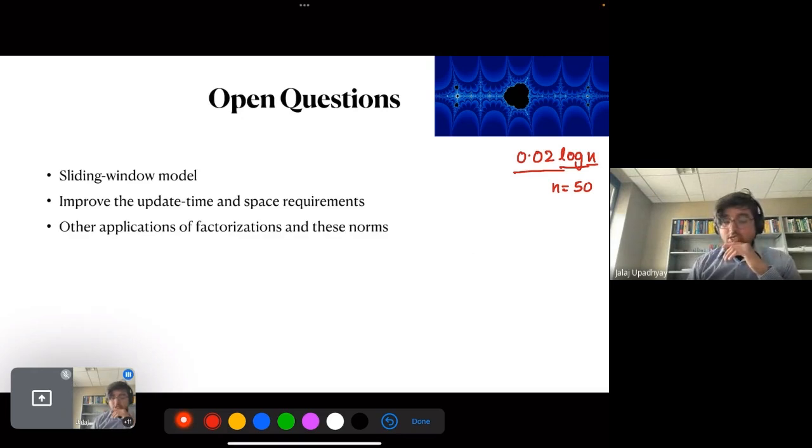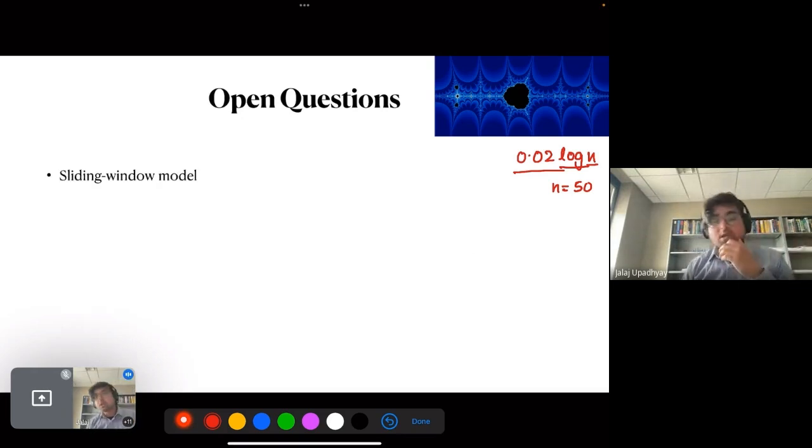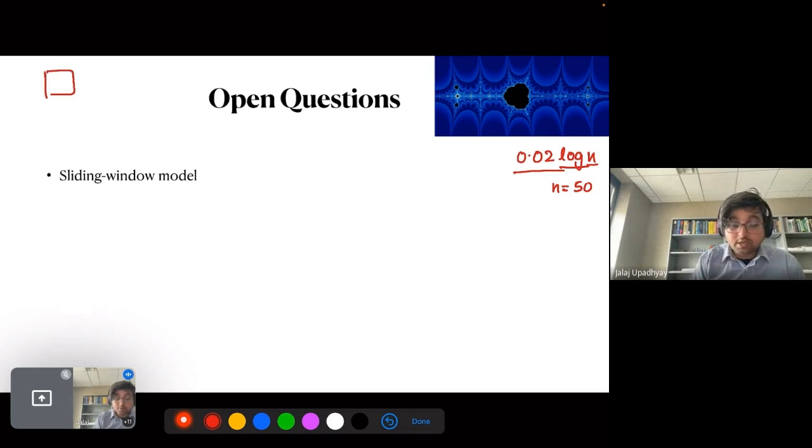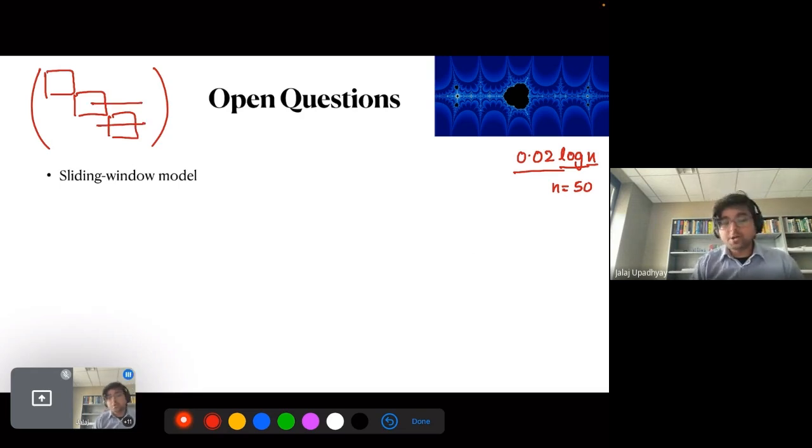So, open question, of course, the first one is the sliding window model. I got everything from n plus to r plus, so everything was positive. I can use some nice algebra to get the sliding window. Basically, I can construct block matrices, and if I want to compute the error for the last W window, and the W window intersects two boundaries, I can compute the value up to here using my algorithm, and the value up to there through our algorithm, and compute the difference.